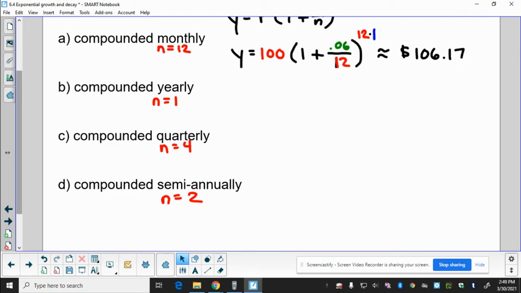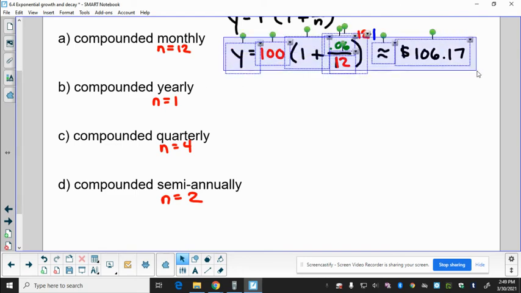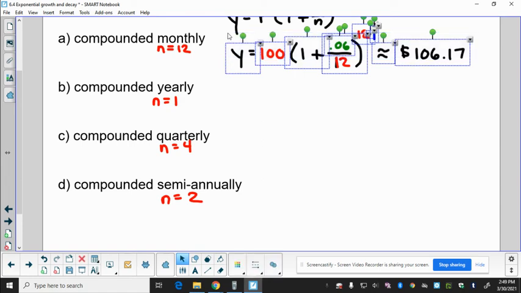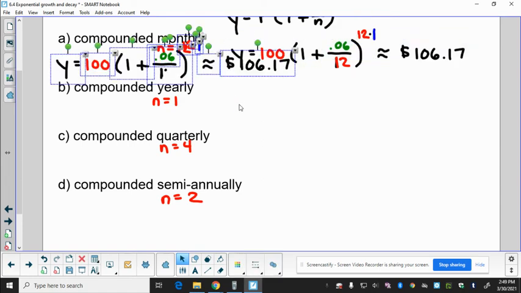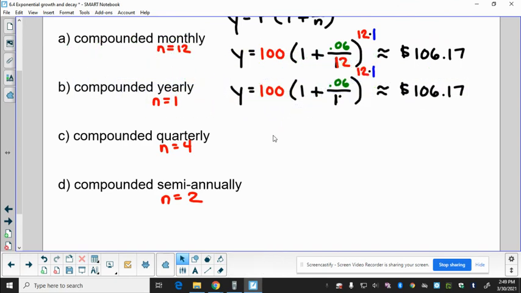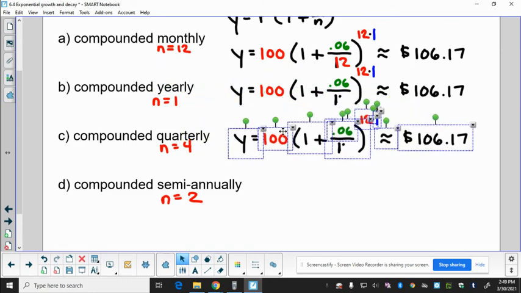So I think what I'm going to do is I'm going to use some magic with a smartboard. And I think I'm going to try and highlight this whole formula here. We're pretty darn close to the whole thing. So bear with me.